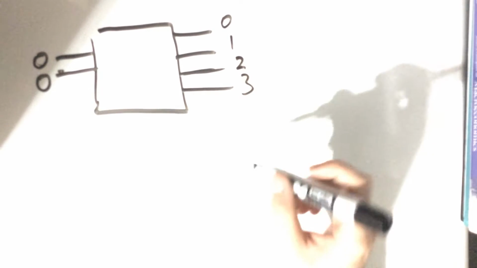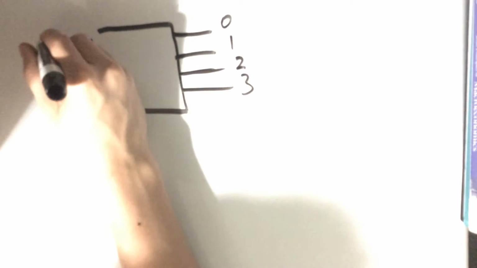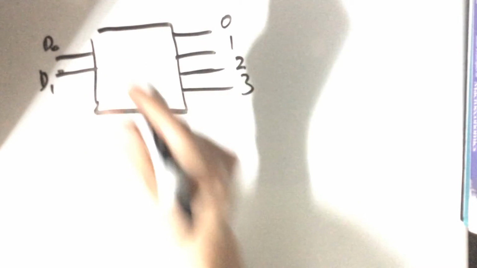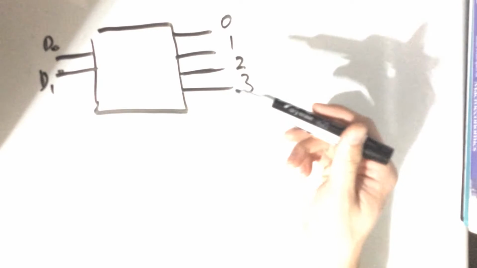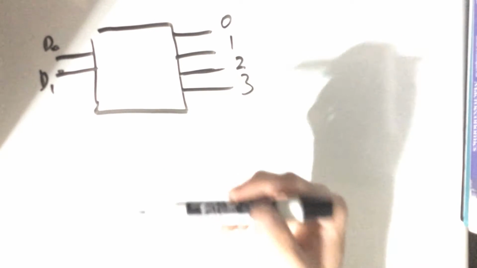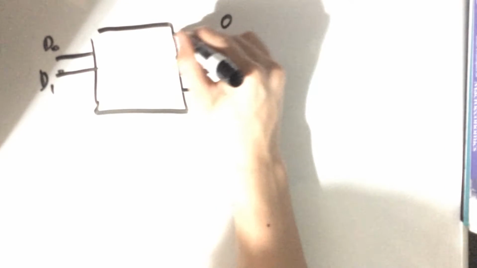If our inputs are, for instance, D0 and D1, and these two were set to 0, aka the binary value of 0, we would want this output to be set.